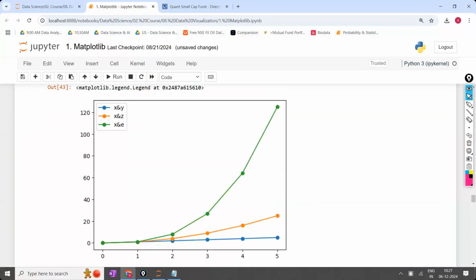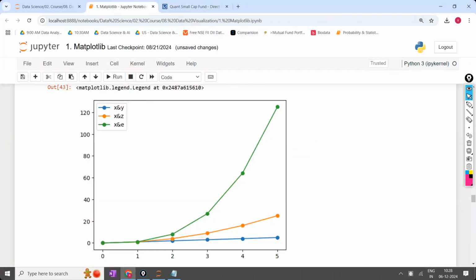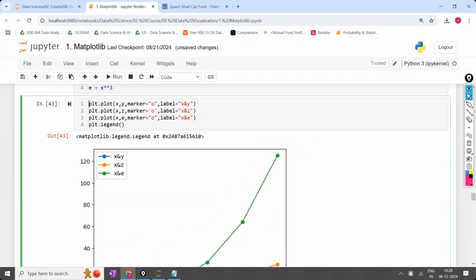By adding the legend, you can see what is blue, what is orange, what is green color. That is the representation of legend. For legend, you first have to write the labels. Without labels, if you add the legend, it will not print.